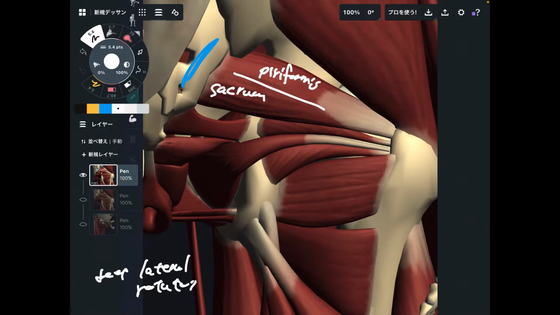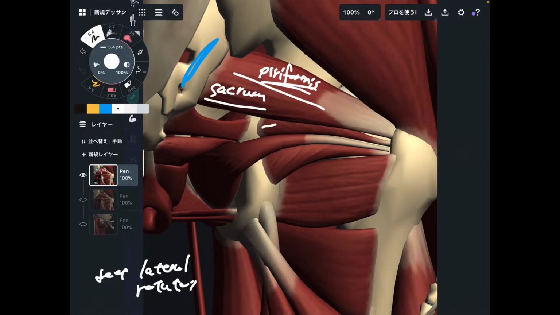Then what is the other muscle? That is psoas. Piriformis and psoas originate from axial skeleton, then they go to femur. They are very, very important muscles. Anyhow, this is piriformis. It originates from sacrum. Let me explain insertion later because these muscles' insertions are very close.